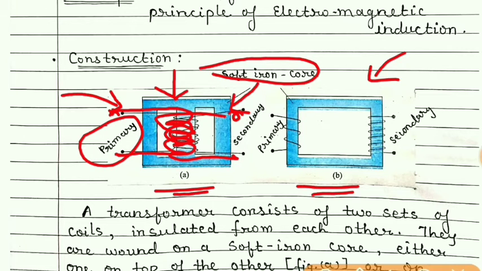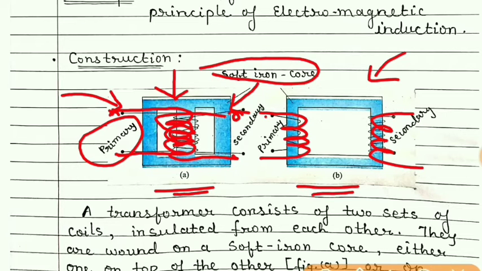This is also a transformer, but here the winding is done in a different manner. This coil is called a primary coil, and this is a secondary coil. Remember students, these wires which are used for winding are insulated.